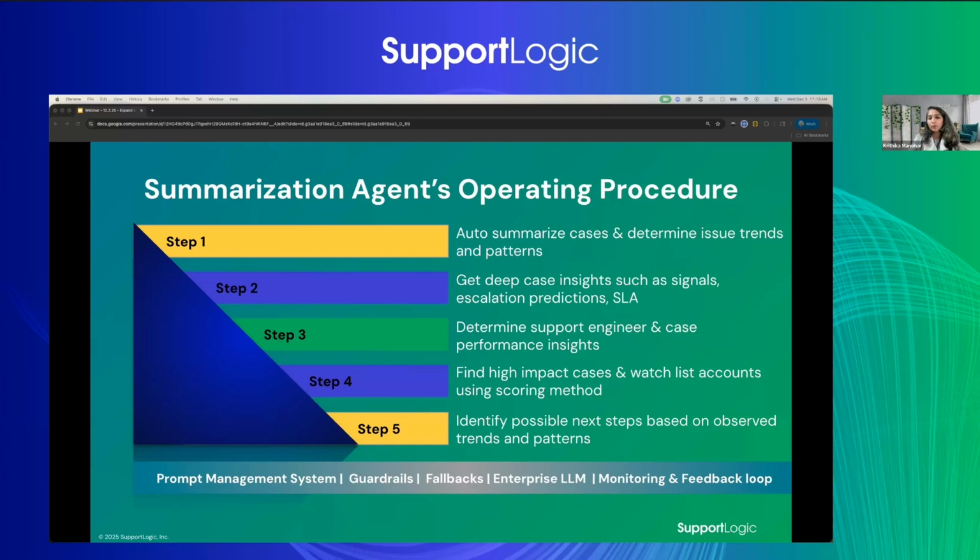And we then integrate with the enterprise LLMs. So here we have a constant evaluation that we do in order to identify the right model that we want to use depending upon the use case. And this is a constant evaluation that we do to make sure that the performance, quality, and cost aspects are taken into consideration. So that's the fifth agent that is powering the expand module.